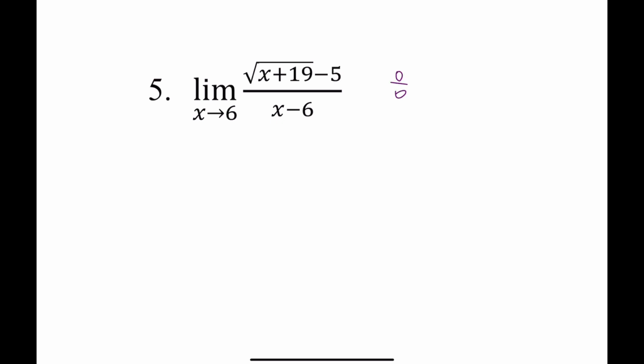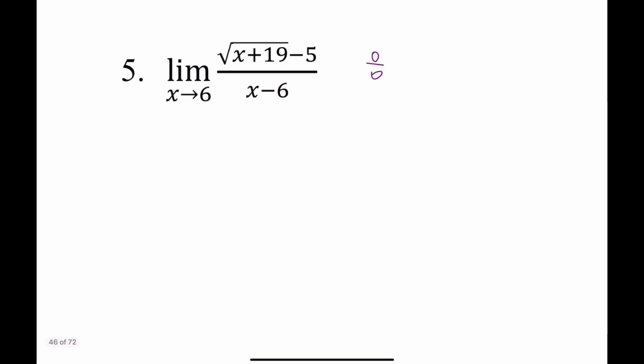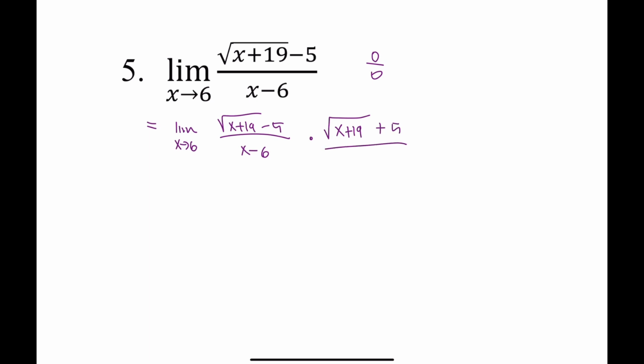So it's an indeterminate form, so that's why we have to do something else. So this is equal to the limit as x approaches 6 of square root of x plus 19 minus 5 all over x minus 6, times the conjugate pair, which is going to be square root of x plus 19 plus 5 all over square root of x plus 19 plus 5.